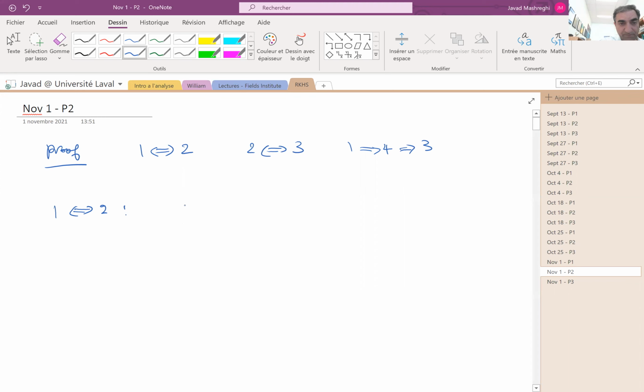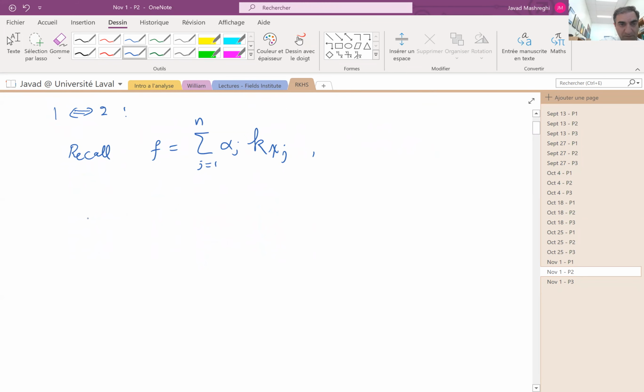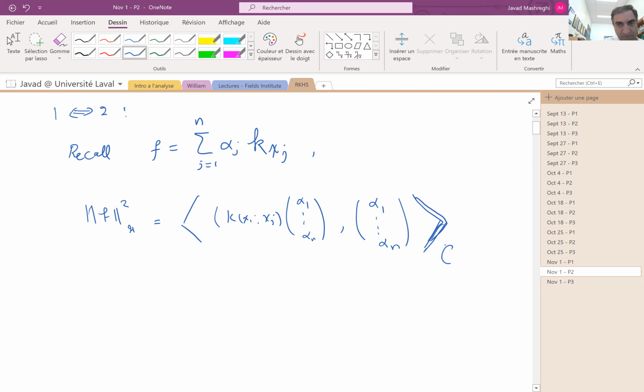So we recall the formula: if f is the sum over j from 1 up to n of alpha j k xj, then the norm of f squared is the matrix k xi xj acting on alpha 1 up to alpha n, then inner product with alpha 1 up to alpha n. It's a very precious formula in C^n.